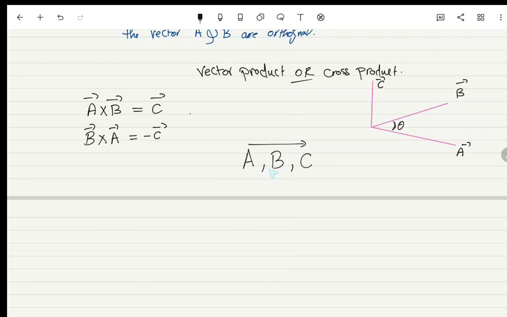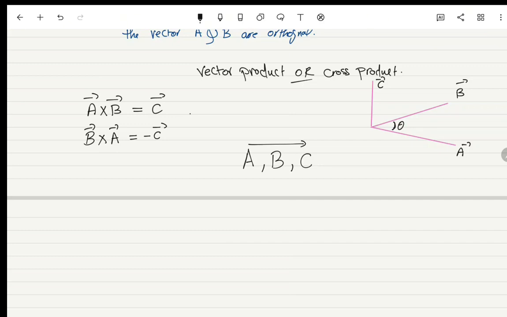So A cross B is C. In this case it's positive. Now A cross B is C, B cross C is A, and C cross A is B. So if you move cyclically 1, 2, 3, A, B, C, the answer is positive.